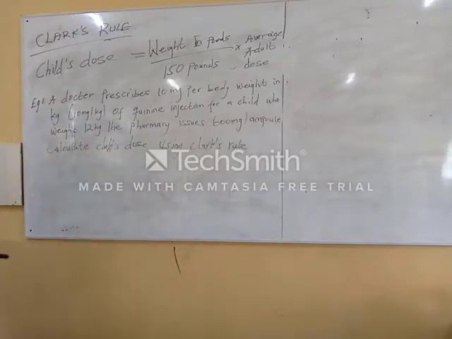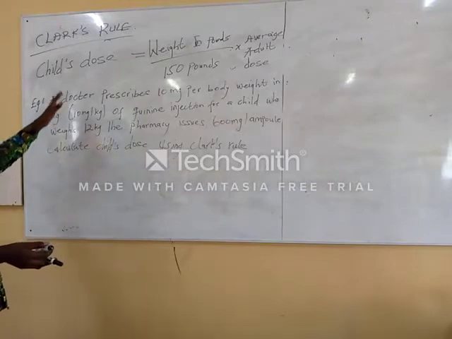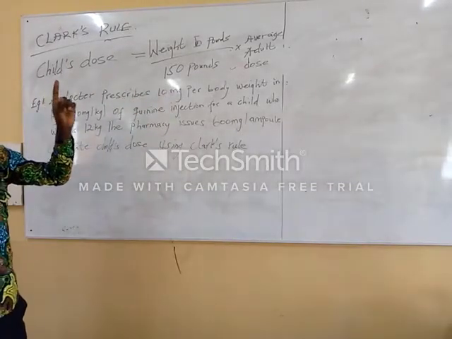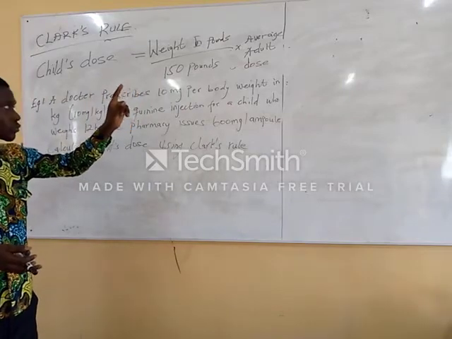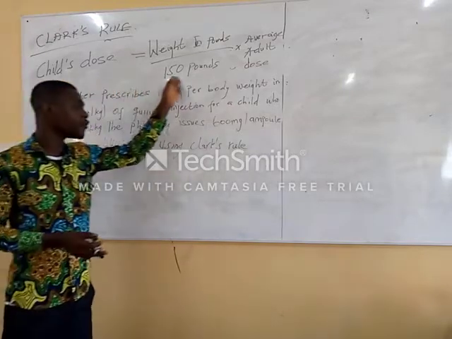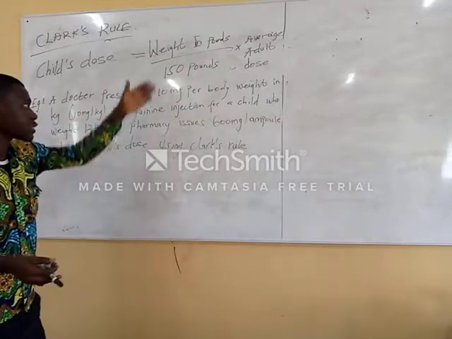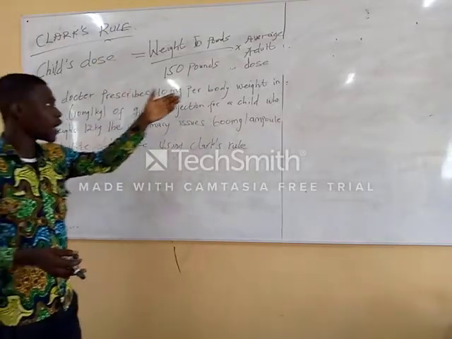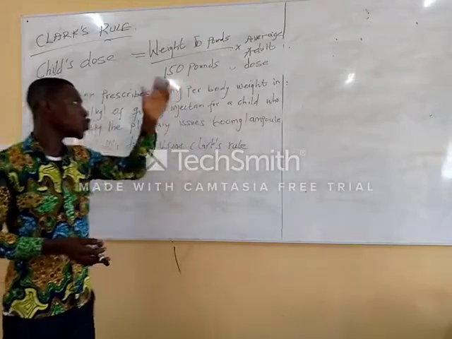Clark's rule, as earlier stated, says that the child's dose is equal to the weight in pounds over 150 pounds, which is a constant, times the average adult dose.